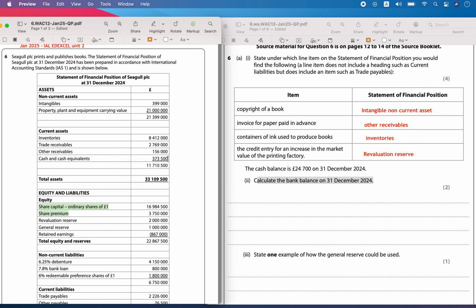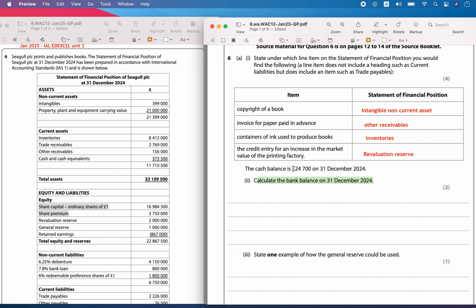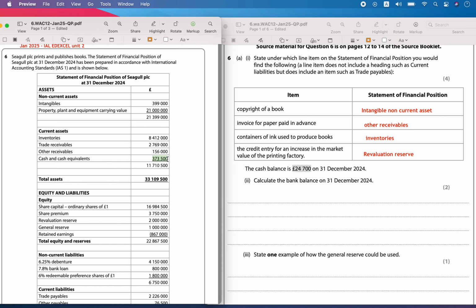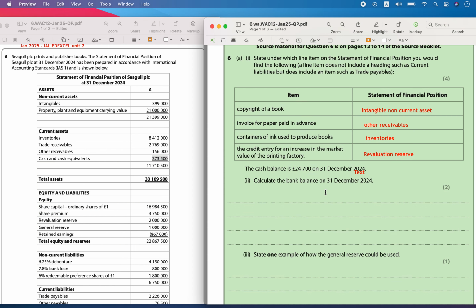The cash balance at the ending is 24,700 on 31st December. Here we can see in the statement of financial position the cash and cash equivalents are 373,500. So let's calculate the difference: 373,500 minus the cash balance of 24,700 is equal to 348,800.